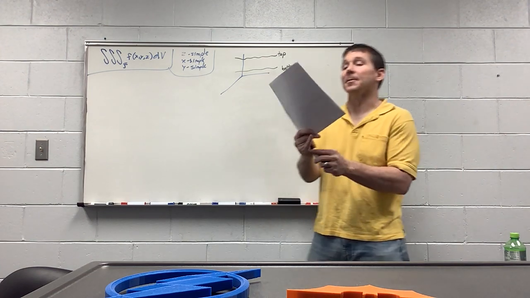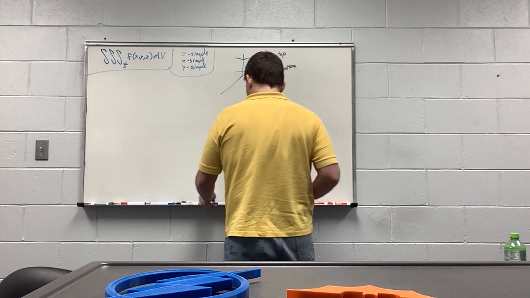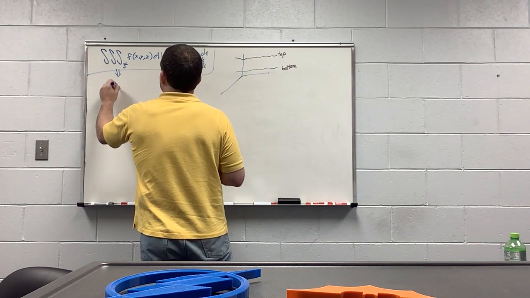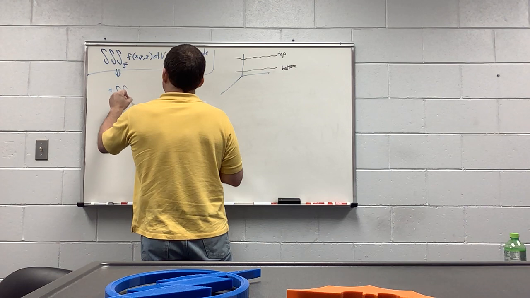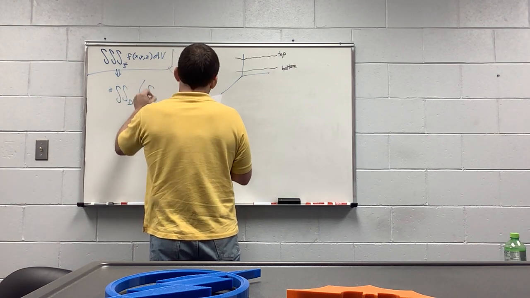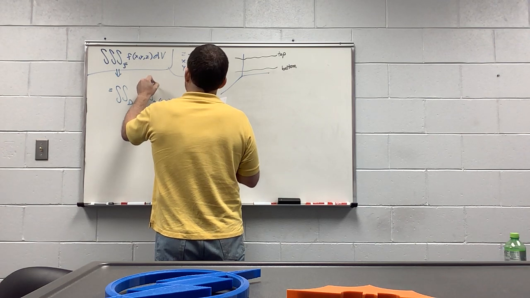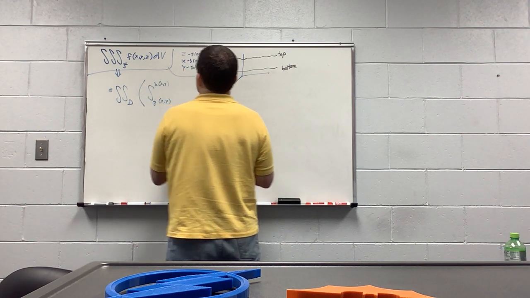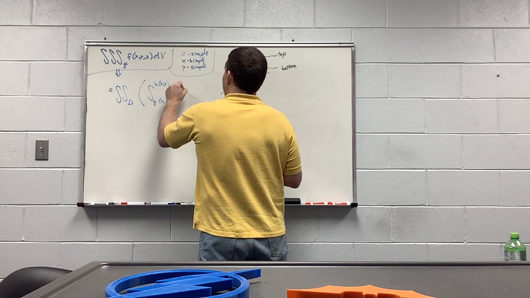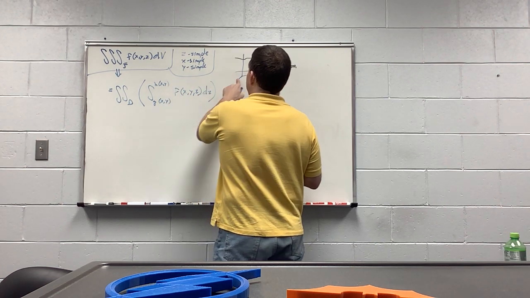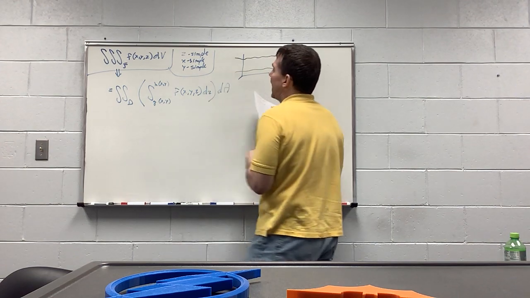Then it's z simple. And then my integral right here is equal to the double integral over D of the integral, we'll say g of x,y to h of x,y, of f of x,y,z, dz, dA.